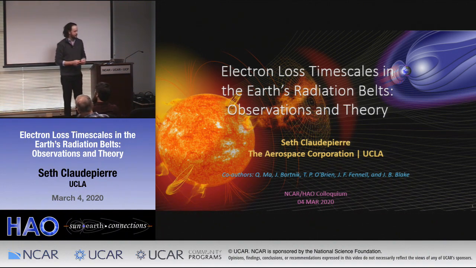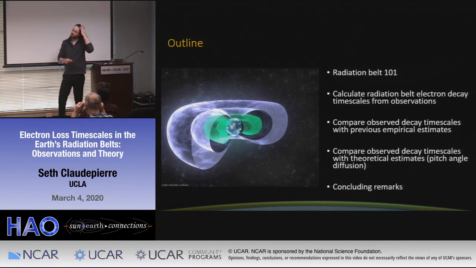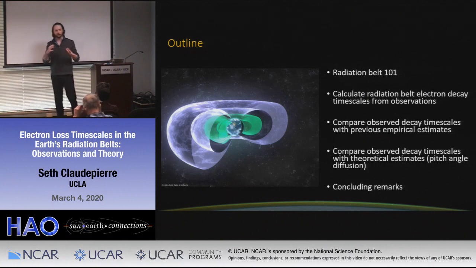I want to talk today about some work we've done looking at the radiation belts and the loss processes within them. Here's a quick outline. For the uninitiated, those of you that don't live in the radiation belts, I'll give some background so you can orient yourself.